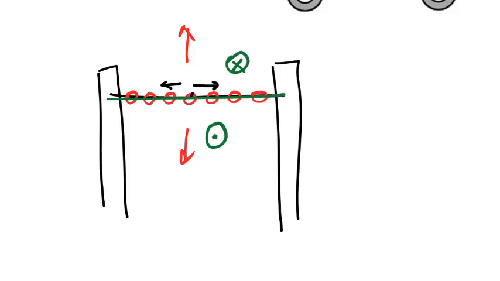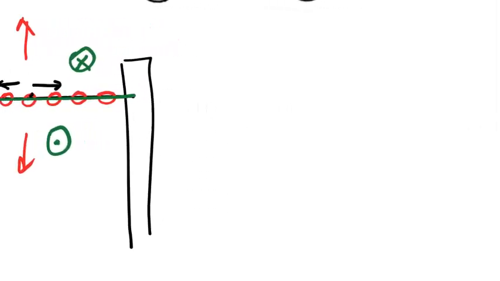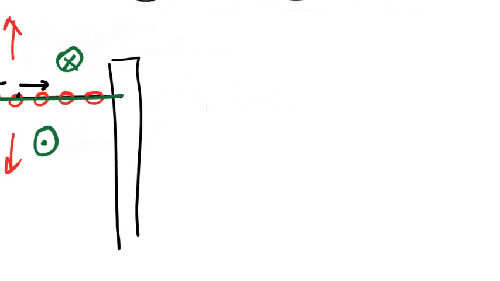Now let's talk about motion in higher dimensions as well. Let's say you are on a cliff or simply a roof, and you throw a ball. The ball will go something like this.